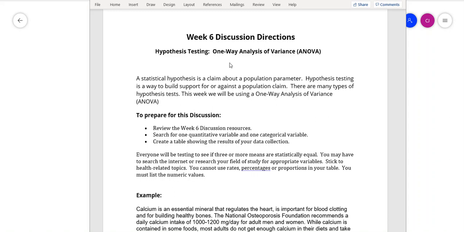Now we can actually do more than that. You could actually do this one-way analysis of variance and compare the two sample means, but this one is typically used when you have three or more means that you're testing.